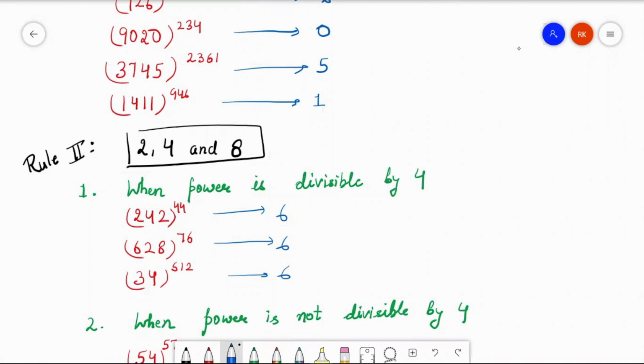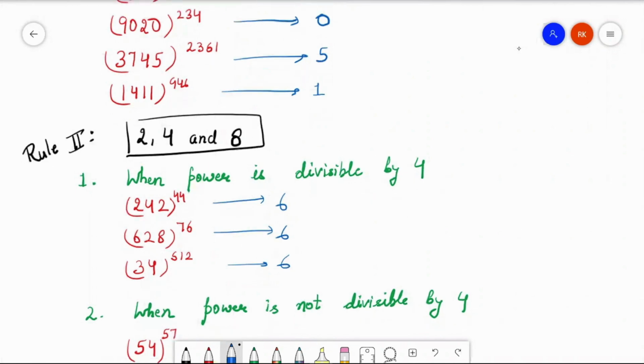Now 242 raised to the power 44. We have 2 as the unit place digit, and you can easily see that 44 is divisible by 4. Now 628 raised to the power 76. Here also 76 is divisible by 4 and we have 8 at its units place. 334 raised to the power 512. Here 512 is divisible by 4 and we have 4 at its units place.